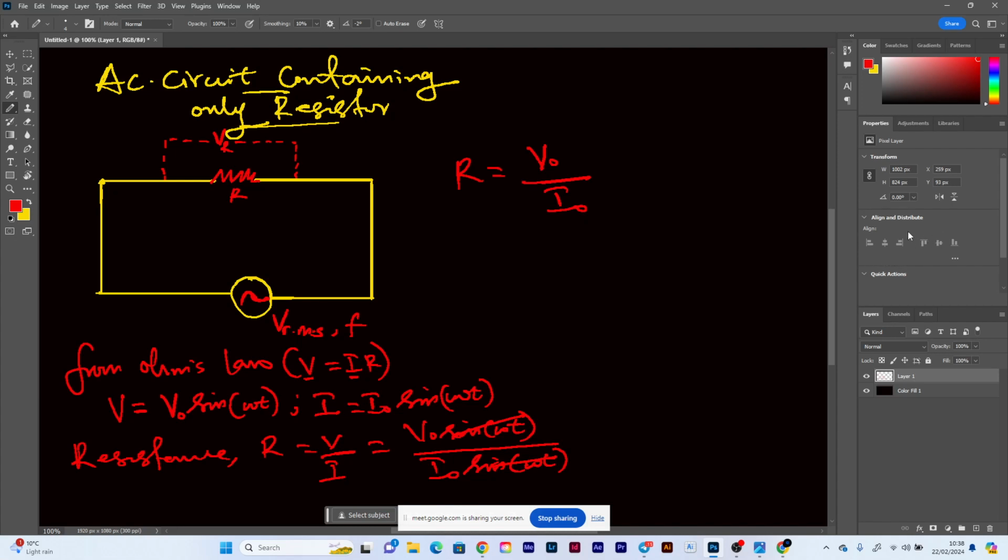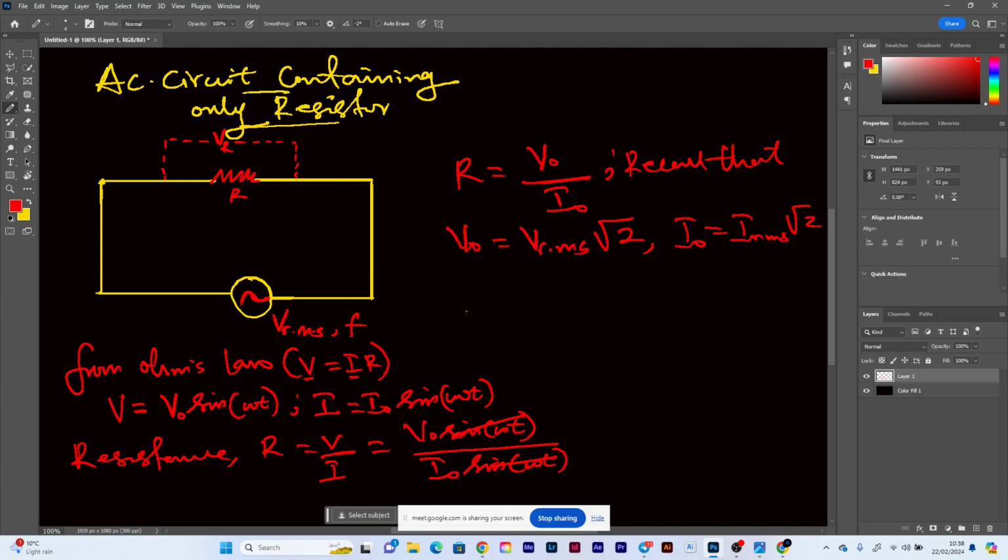Yes, sir. Now, if we recall that peak voltage is equal to root mean square voltage multiplied by root 2. Do you agree with me? Yes. And I naught is also root mean square current multiplied by root 2.